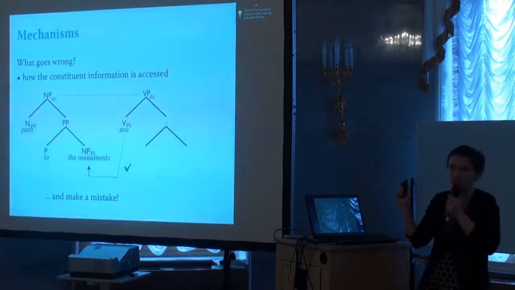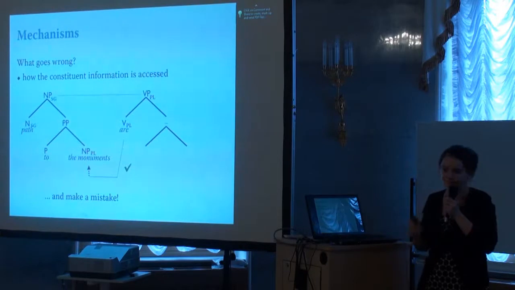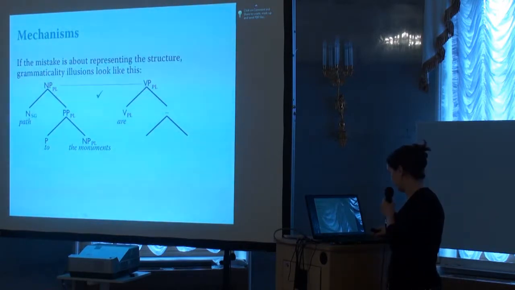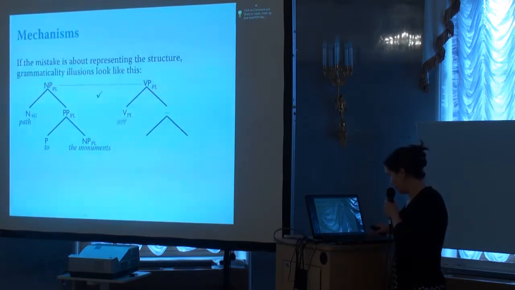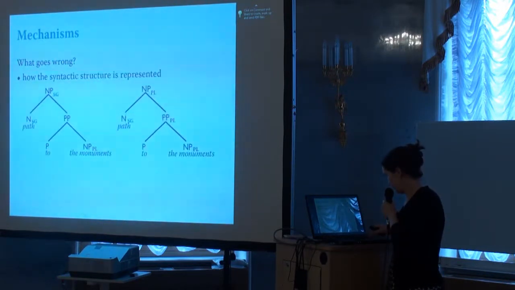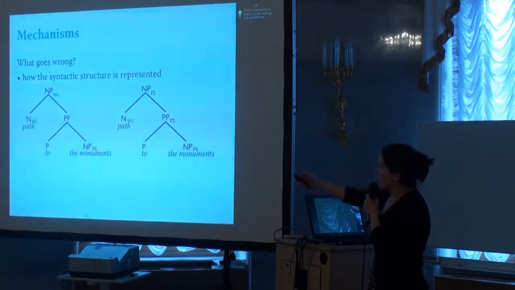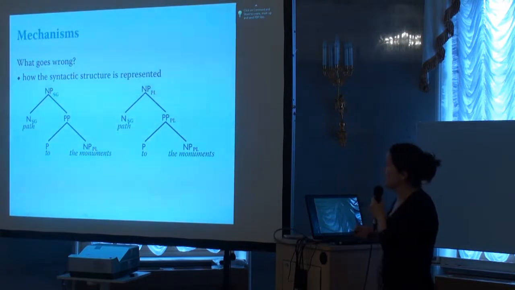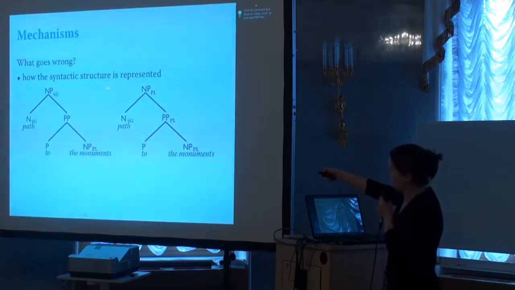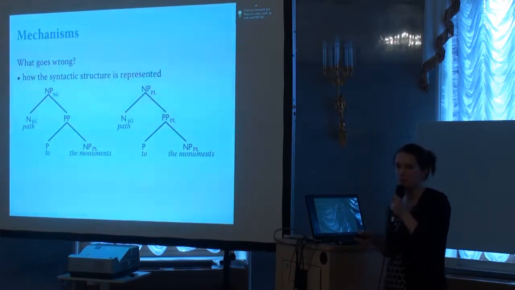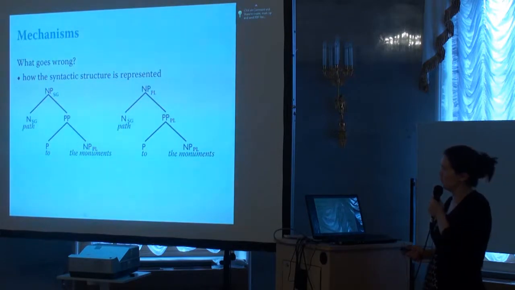How can we tease these two approaches apart? If we can actually misrepresent the number on the subject noun phrase, then first we expect grammaticality illusions. So we made this mistake, the verb arrives in plural, and we say, okay, this is exactly what we expected.